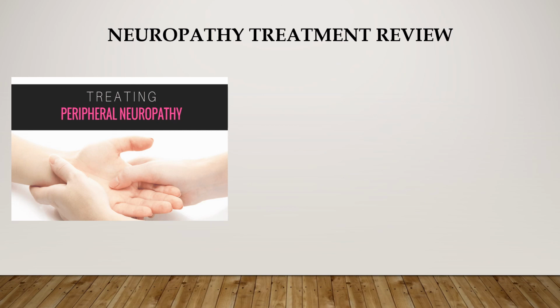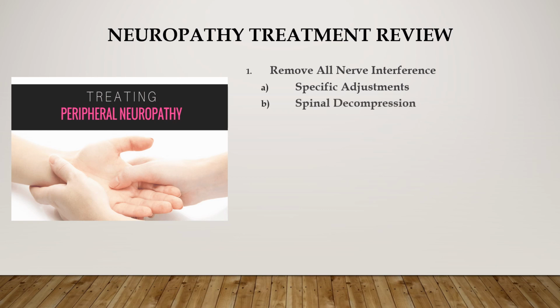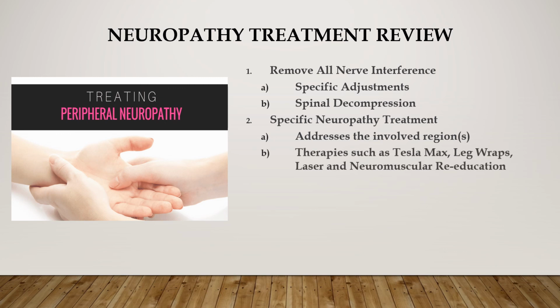Let's review the neuropathy treatments that are available for you. First of all, we want to remove all nerve interference. This includes the specific adjustments and, if necessary, spinal decompression. Then we want to incorporate specific neuropathy treatments. These will address the involved regions and include therapies such as the Teslamax, the leg wraps, laser, and neuromuscular re-education using vibration therapy.